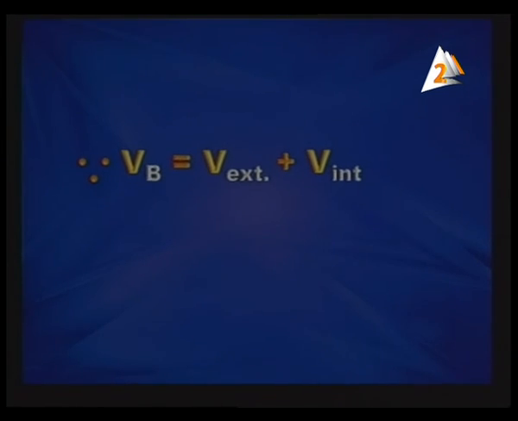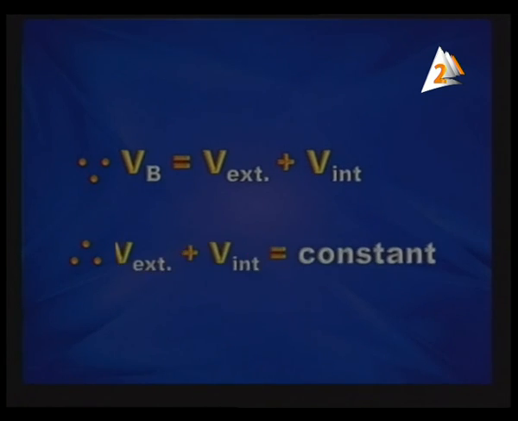But V internal plus V external is equal to V battery. And we didn't change the battery, so V battery is constant. So we've got an inverse relation between V external and V internal. That's to say, when V internal decreases, V external increases.